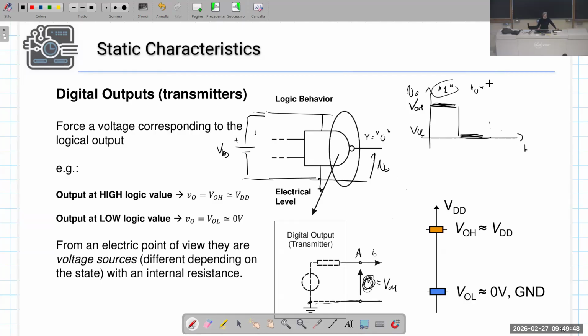Okay? Is that clear? This is how a digital output can be described from the electrical point of view.